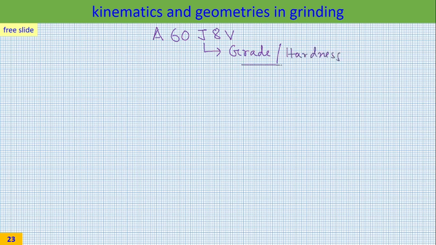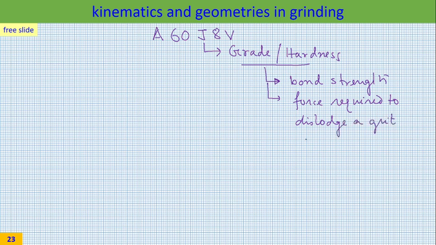The physical meaning of this is bond strength, which can be further clarified as the force required to dislodge a grit by bond fracture.